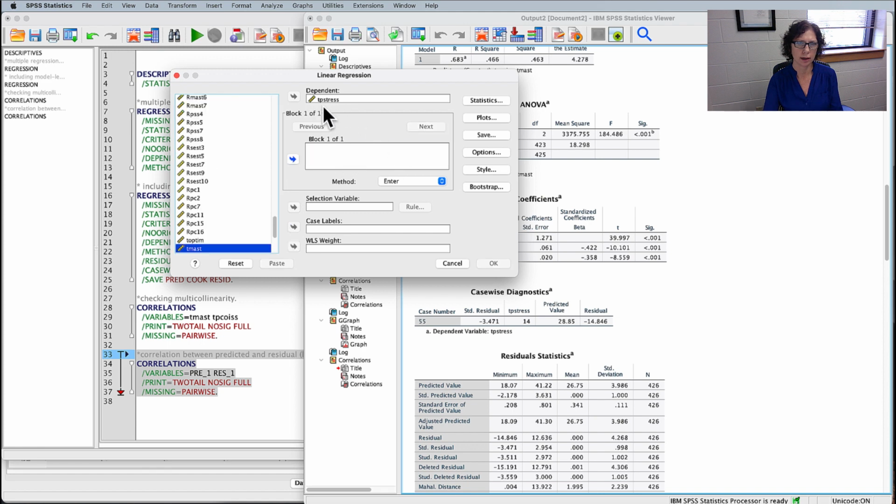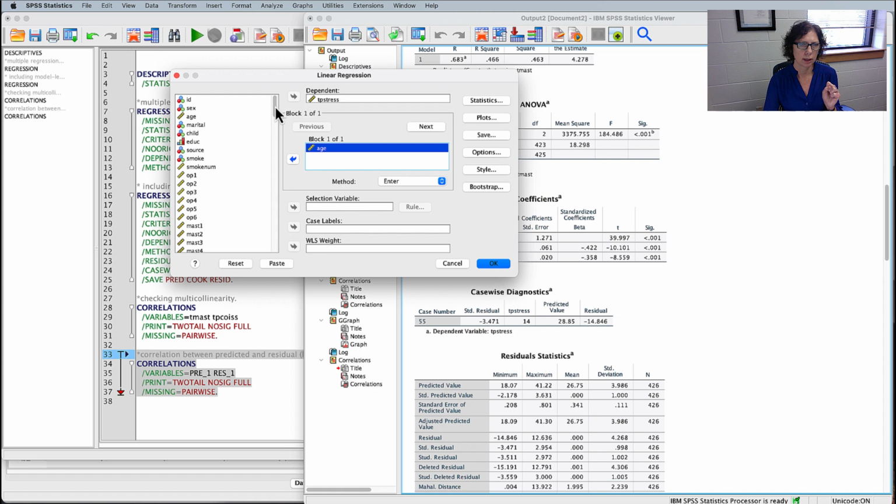I still have the total perception of stress in the dependent area, but now in this block 1 area, it might also say independent, but in this area here, we want those 2 step 1 items, age and social desirability, which is the T-Marlowe.